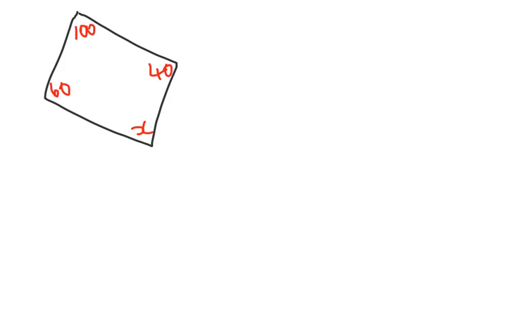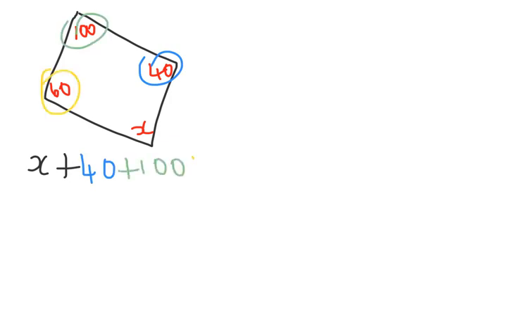Again, like the previous sum, it is a quad, so all the angles will equal 360. So x plus that angle there of 40 plus that angle there of 100 plus the angle there of 60, all of that equals 360.